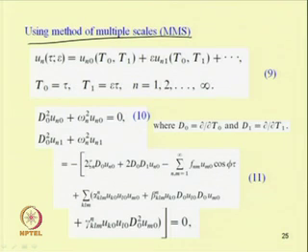Using this method, we can reduce the temporal equation, and for that purpose let us take un equal to un0 plus epsilon un1. Here un0 and un1 are functions of different time scales, that is T0, T1, if we take up to T1 only, of the order of epsilon.